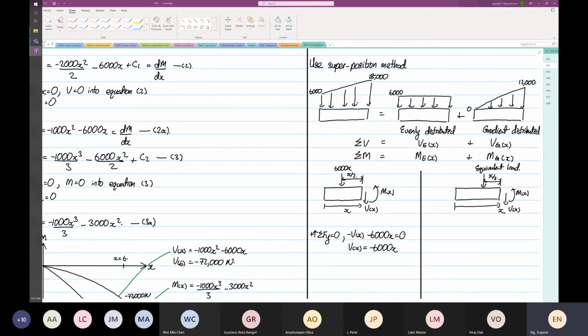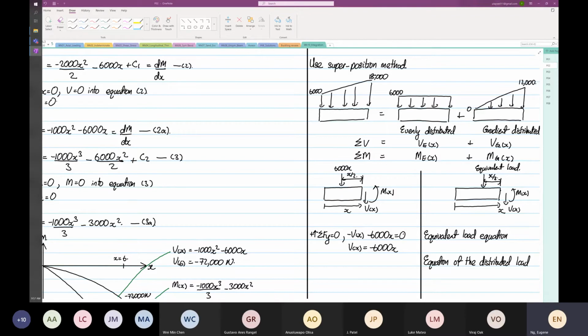So I'm going to find an equivalent load equation. It's like what we found before. Before we do that, we need to find the equation of the distributed load.